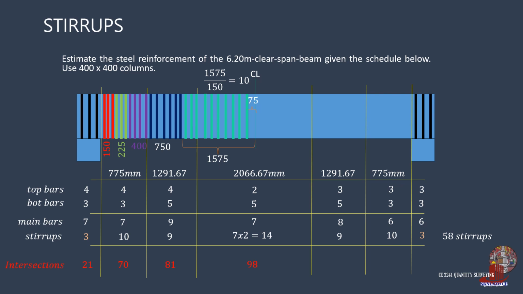And the middle span takes 7 times 14, which is 98. The succeeding spans have 8 times 9, which is 72, and 6 times 10, giving 60. And the right beam column connection has 6 times 3, or 18 intersections. Take the total of intersections, and that is 420.